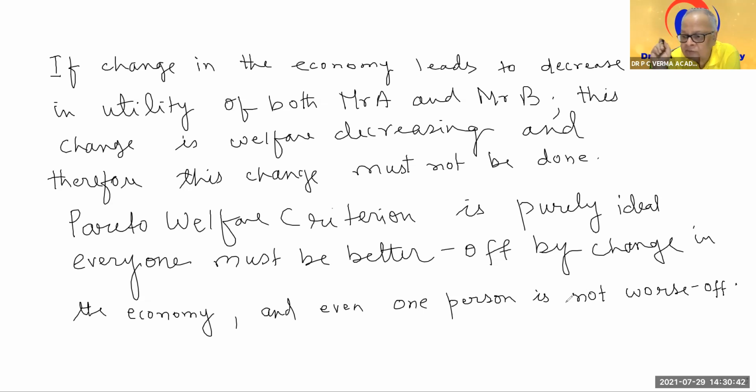Everyone must be better off by changing the economy, and even one person is not worse off.